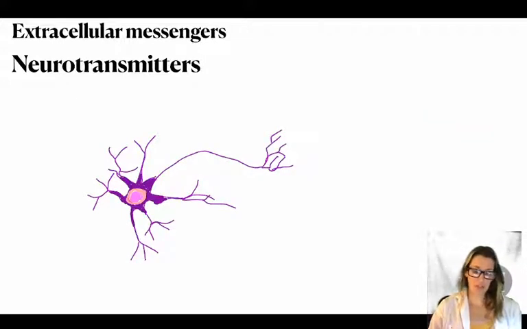Neurotransmitters. So this is a neuron. We've seen this before. And what happens is that this neuron is going to release an extracellular messenger here at this end, and we'll talk more about all these different structures. This might be familiar, but it's going to release an extracellular messenger in close proximity to its target cell.